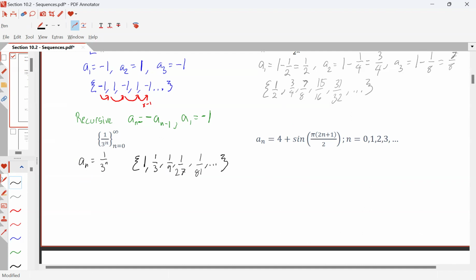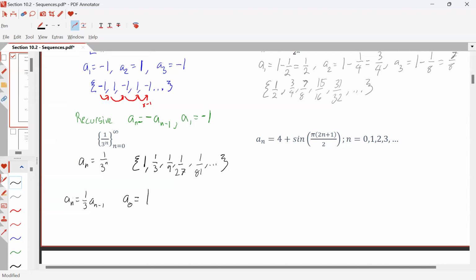n equals 4, 1/81, and so on. We can also write this recursively and say, what is happening between each of these terms is I'm multiplying by 1/3. So a sub n equals 1/3 times the term before it, a sub n minus 1, where a sub 0, because I'm starting at 0, is 1.